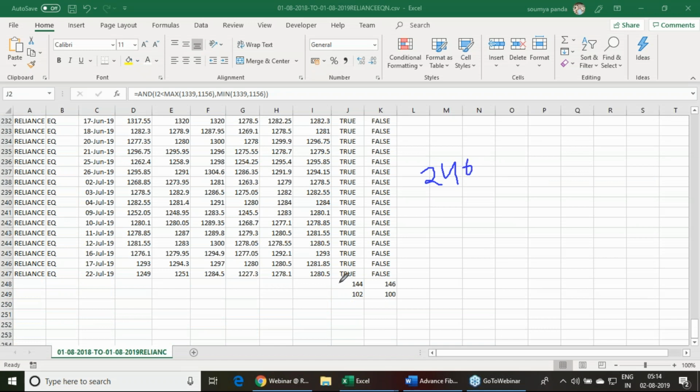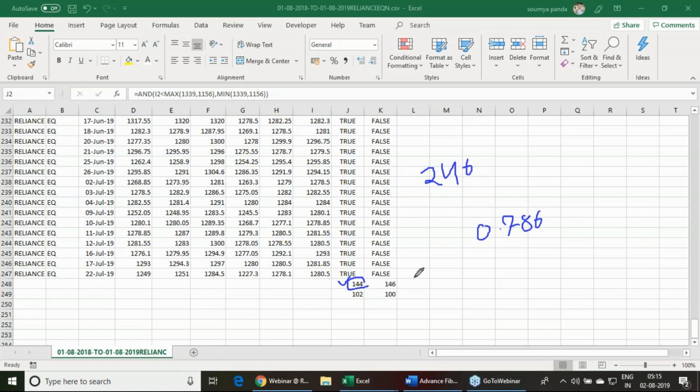I am getting 144 days where I got a chance to sell, and my price was between the sell entry and the sell entry's third target, the 0.786 target. So 144 days out of 246 days.